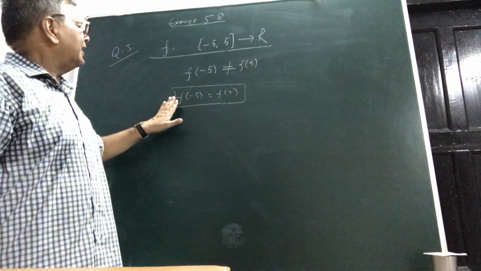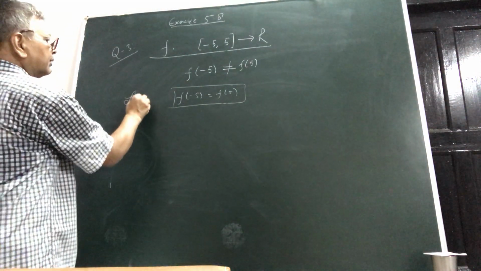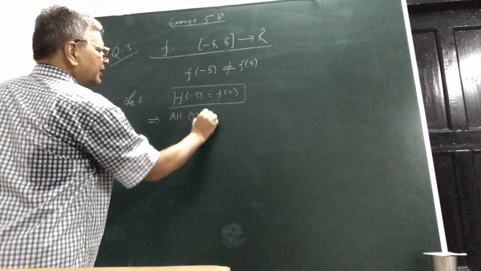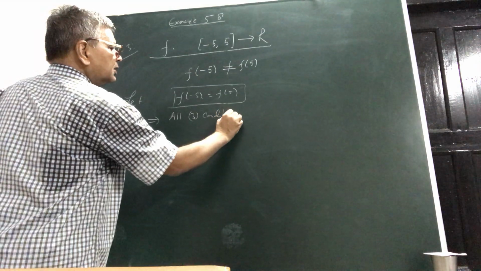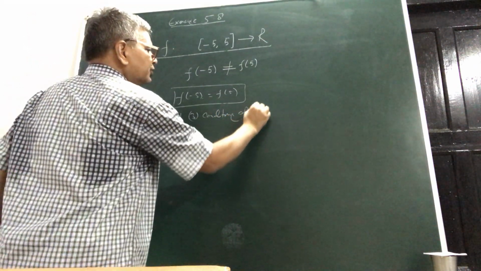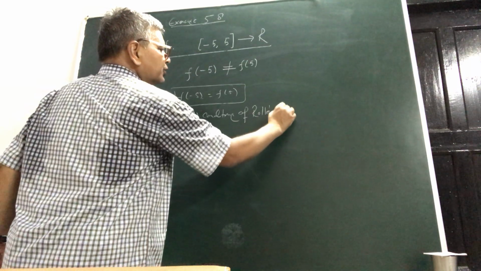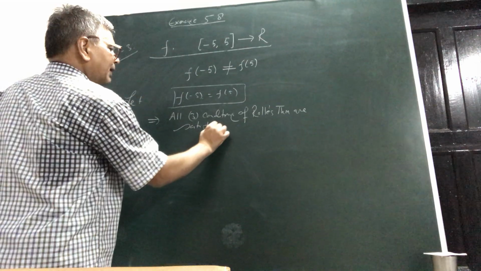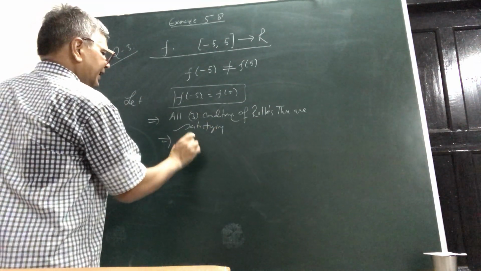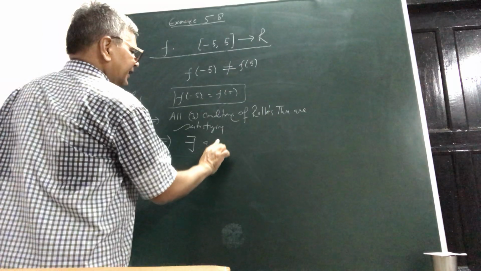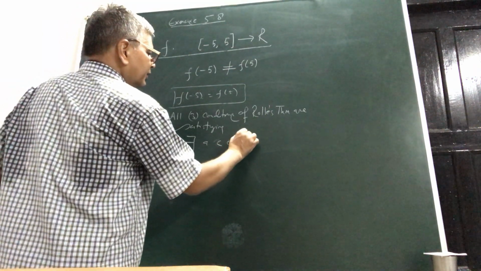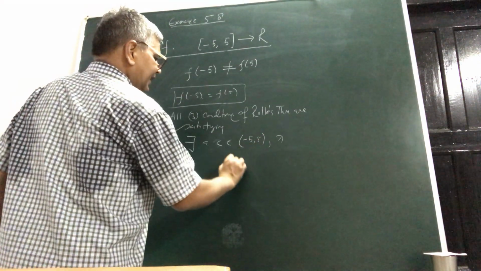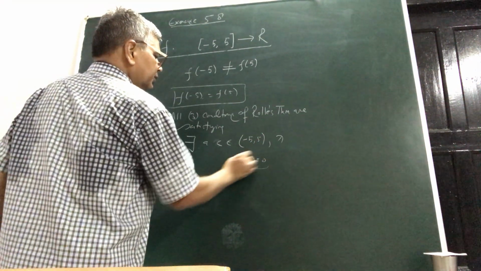You will assume, let f of minus 5 be equal to f of 5. This implies all three conditions of Rolle's theorem are satisfied, implying that there exists a c in the open interval minus 5 to 5 such that f dash c is equal to 0.